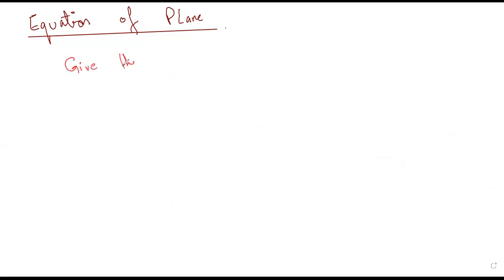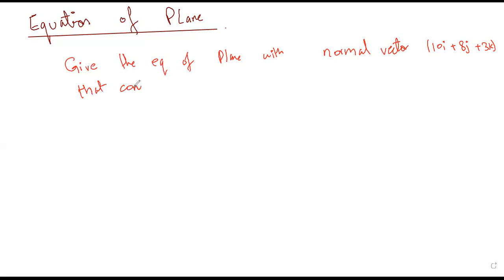Give the equation of the plane with normal vector 10i plus 8j plus 3k that contains the point 10, 5, 5.